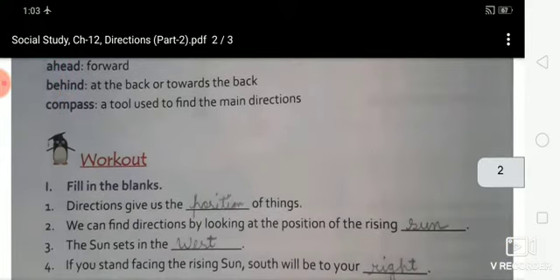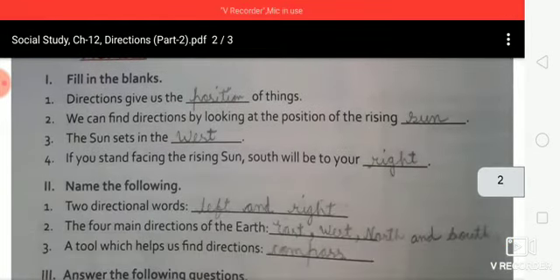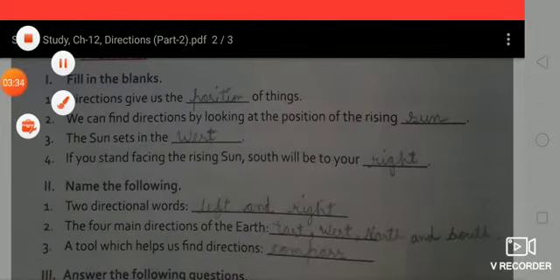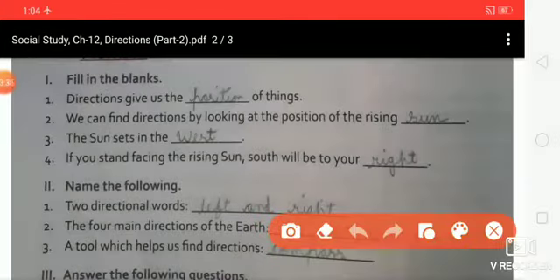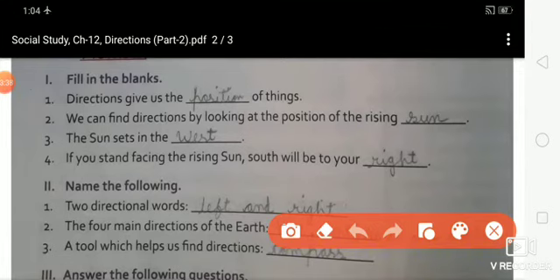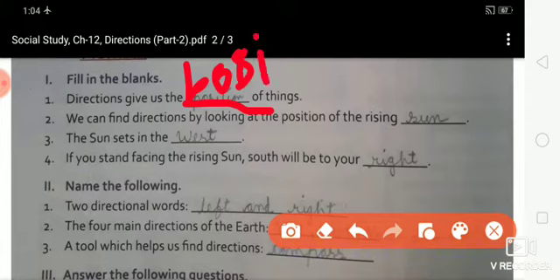Okay, now come to exercise number 1, filling the blanks. First one: directions give us the blank of things. Fill it in: position, P-O-S-I-T-I-O-N.